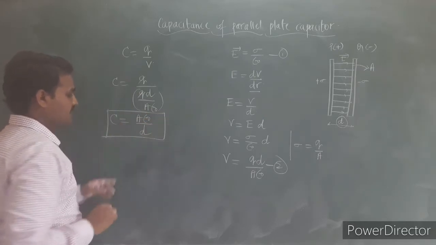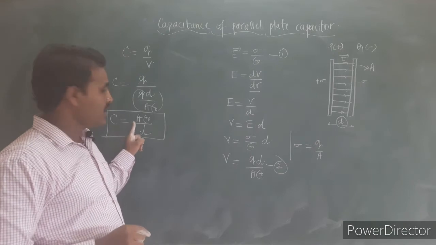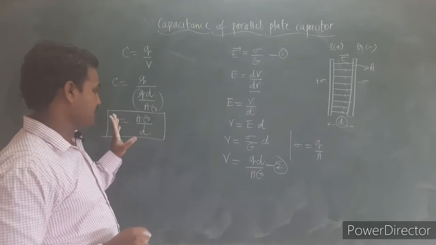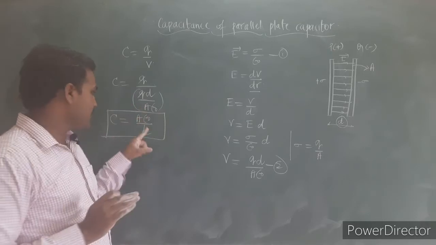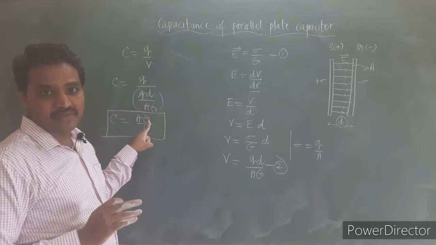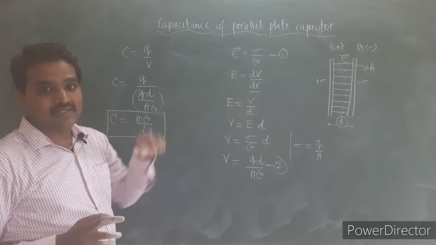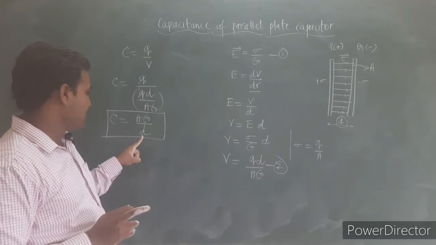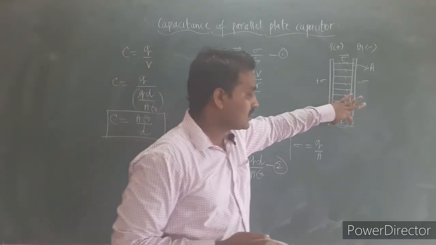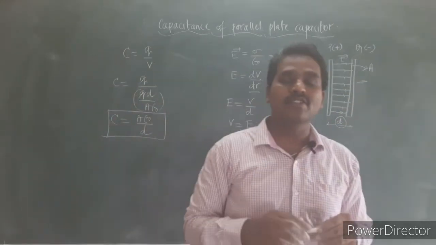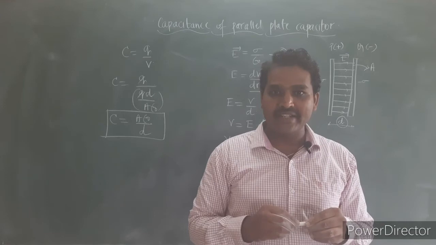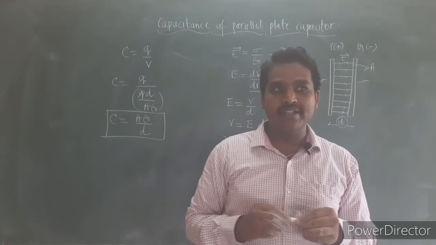This is the expression for capacitance of a parallel plate capacitor. Here A is the area of the capacitor plate, epsilon naught is the permittivity of free space, assuming that the capacitor is placed in an air medium, and d is the distance between the plates of the capacitor. Many times they may ask the question on what are the factors affecting capacitance of a parallel plate capacitor.